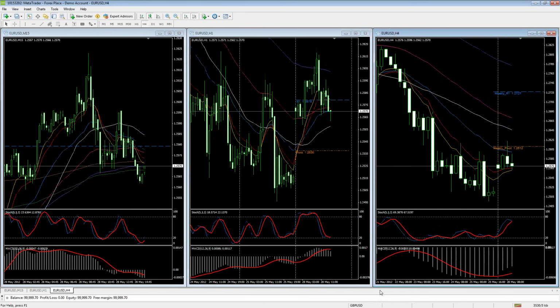Okay, so let's go to the euro dollar. Okay, we have the 15-minute, 1 hour, and 4 hour charts. And again, regarding the moving averages, I'm looking for indication or confluence with other indicators.